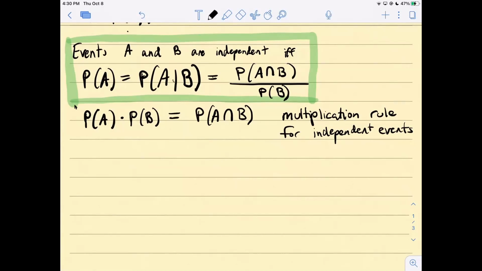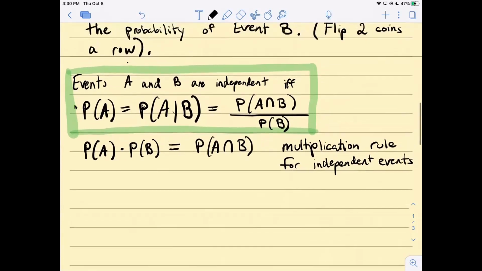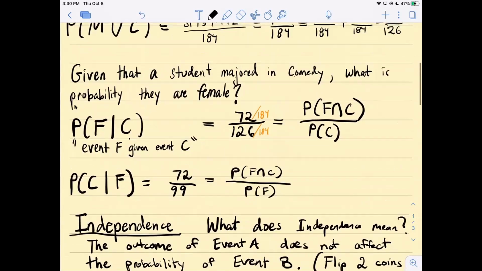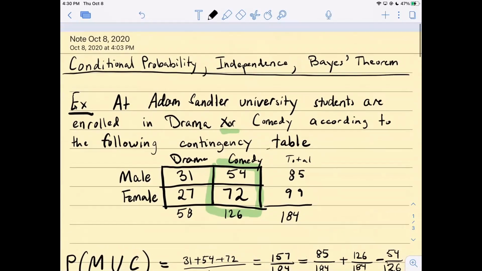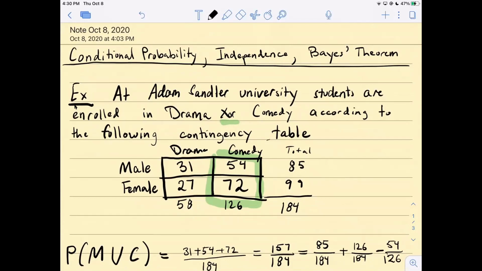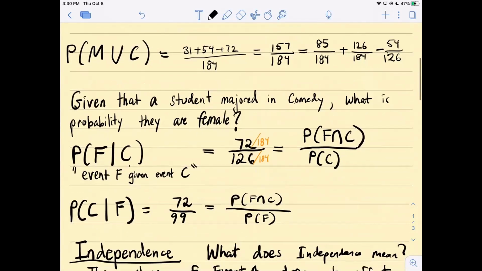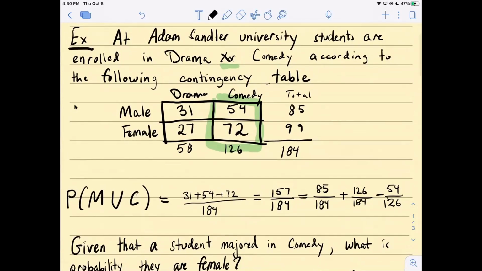Just to get a good feel of what this is telling us, like in the Adam Sandler University example, we would say that being male is independent of being a drama student if the overall probability of being male in the school, which is 85 out of 184, holds up in the breakdown of just drama students.